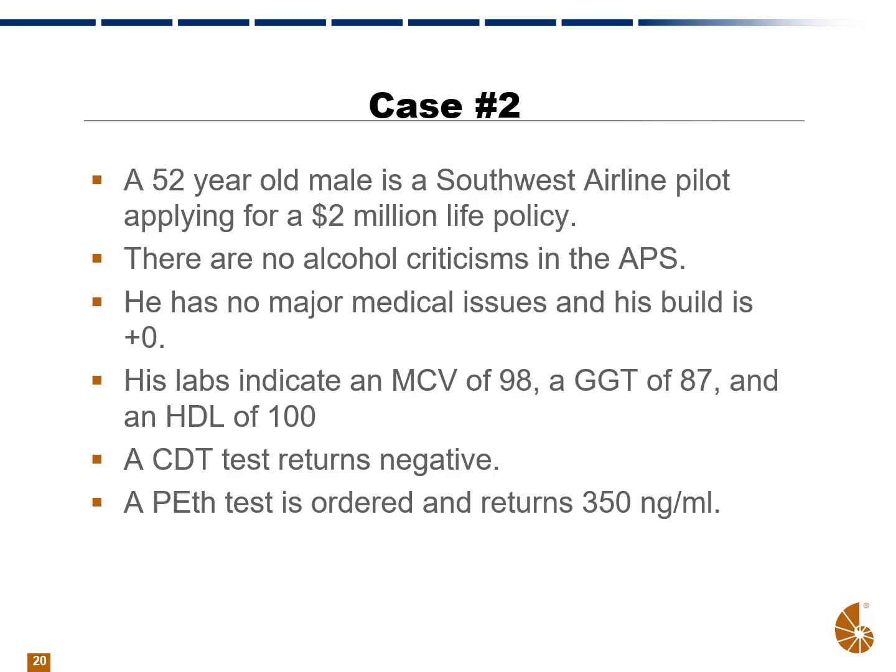So if we stopped underwriting with those ingredients, we would probably say, well, whatever is causing the MCV and the GGT and the HDL, he's not drinking enough alcohol that we're concerned because the CDT is negative. However, if you had a PEth test and it returned 350, that's above that 200-ish level. So this person is drinking a significant amount of alcohol. So that would be a concern. So here again, the PEth test would really give us an advantage to assess what is the ethanol risk in this case.